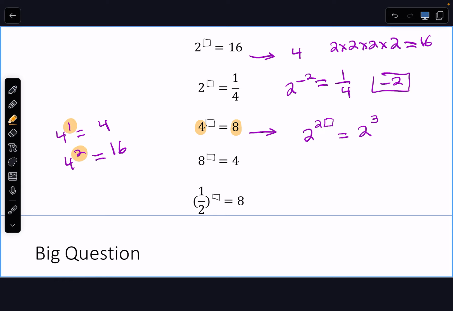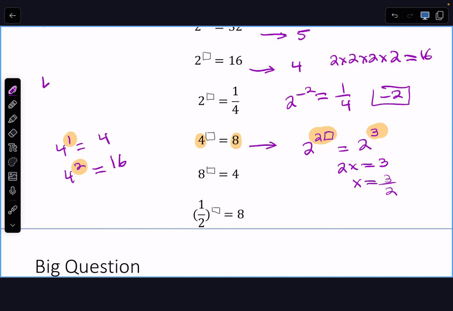So the question here is 2 times what is the same thing as 3. I can think about this as 2x equals 3, x equals 3 over 2. And to prove to you that it's 3 over 2, you can do 4 to the power of 3 over 2, rewrite it, and 2 to the power of 3 equals 8.